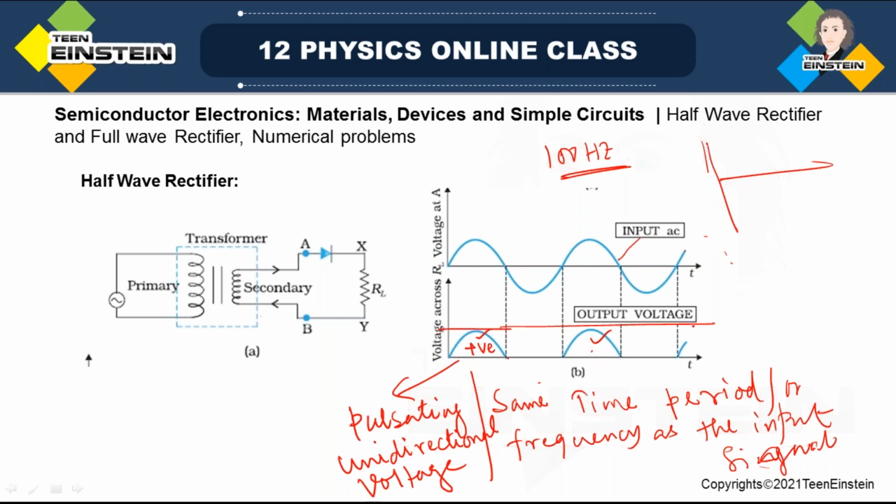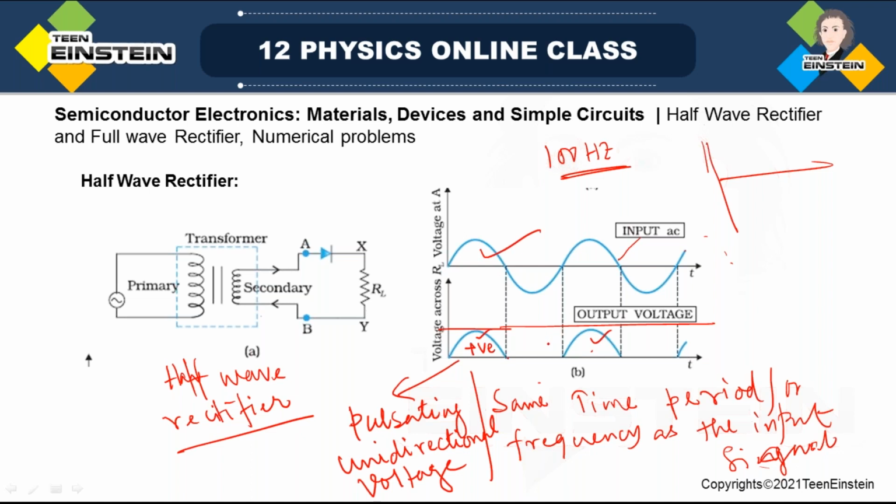Okay, so this is the working principle. This is the output waveform. This is the input waveform at A. This is the necessary circuit of the half wave rectifier. And this output of the half wave rectifier has the same frequency as the input signal.